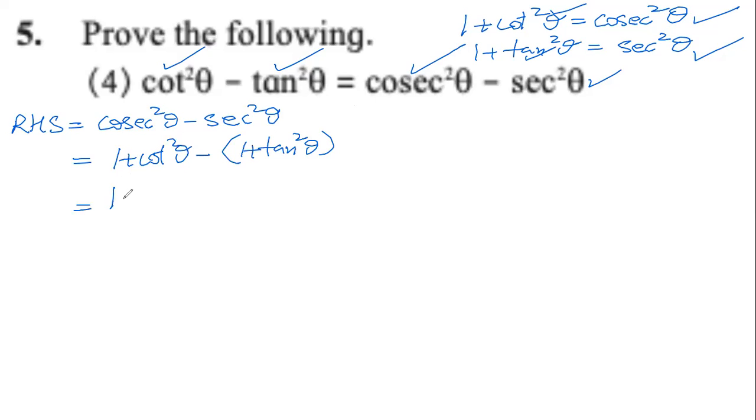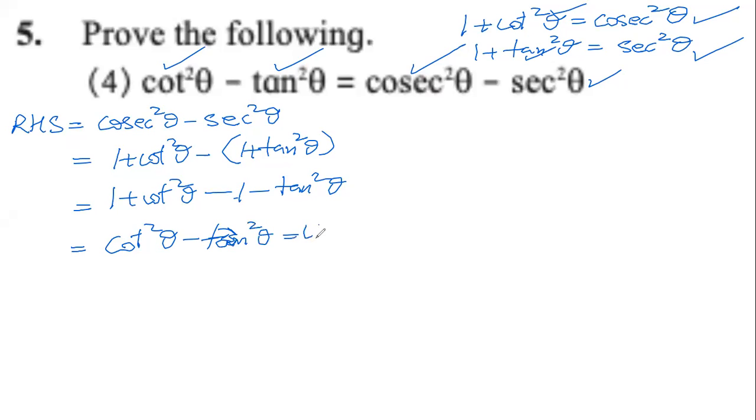When I simplify this, 1 plus cot square theta minus 1 minus tan square theta. This is simple algebra. So now we have 1 minus 1, 0. What is left is cot square theta minus tan square theta, which is our LHS. Proved.